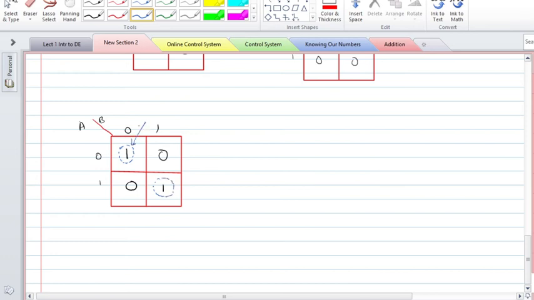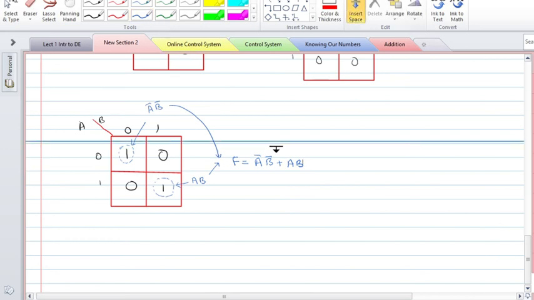For this cell the min term will be A bar B bar, and for this group the min term will be A B. So the final minimized expression for this function F will be equal to A bar B bar plus A B.